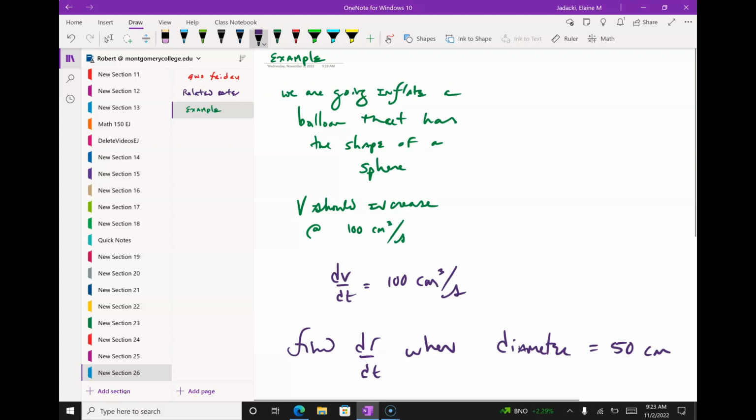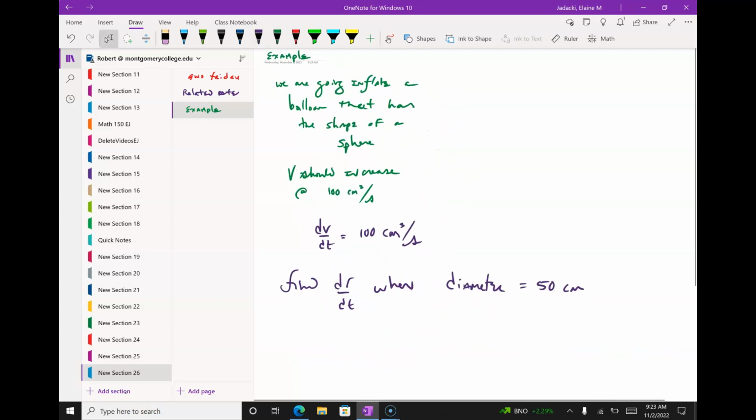In fact, it's going to go past a diameter of 50 centimeters at some time. This is way past 50 centimeters for a diameter. Okay, can you see the balloon? But I want to know exactly at that moment when it hits 50 centimeters, how is the radius changing? Yes, you with me?